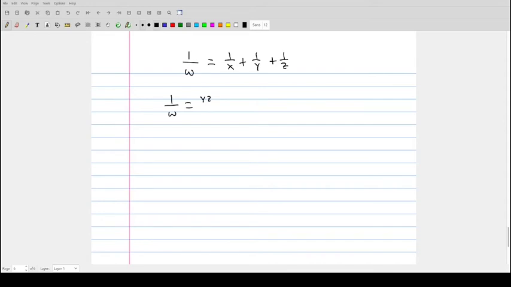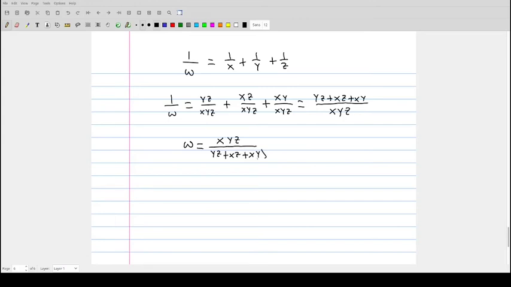So you get yz over xyz plus xz over xyz plus xy over xyz, or yz plus xz plus xy over xyz, which means that w is in fact equal to xyz over yz plus xz plus xy.